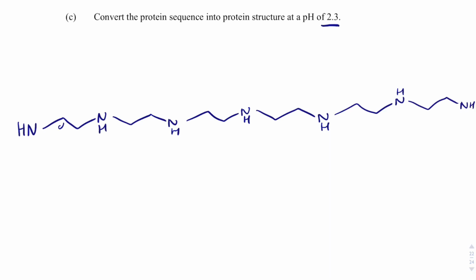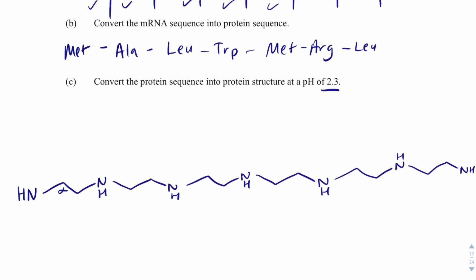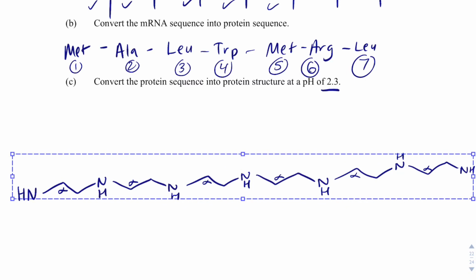Now I have to check how many alphas I need since I have 1, 2, 3, 4, 5, 6, 7 amino acids. I need 7 alpha carbons. 1, 2, 3, 4, 5, 6. So that means I'm going to have to make this a bit smaller. No worries.